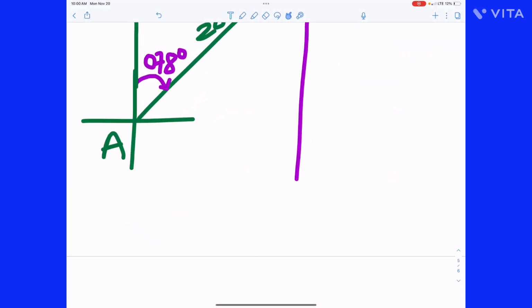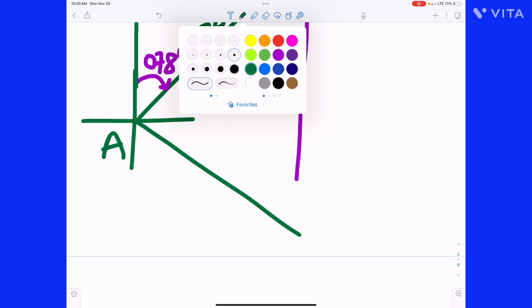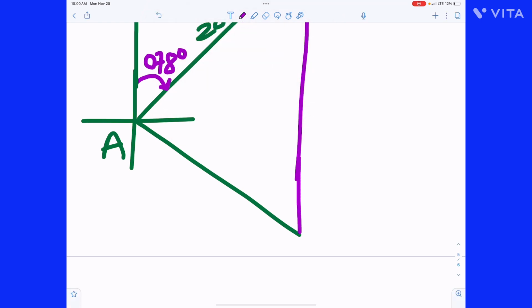Until he is 307 meters from A. 307 meters from A will be somewhere here.